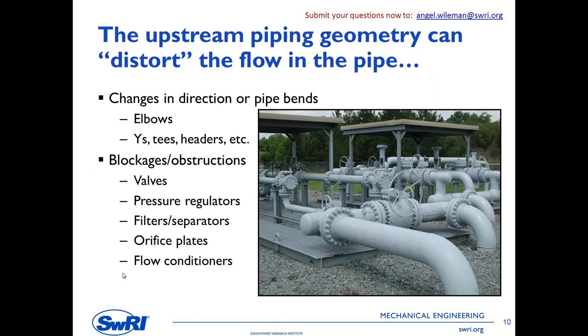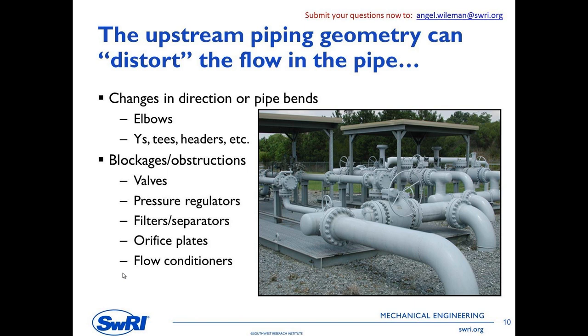There's other things, though, that sometimes you build into your station that can also cause problems. The picture on the right is a Where's Waldo kind of thing. I'll show you where the meter is in that in just a second. When people install meters, it's not always a nice, long, straight pipe.